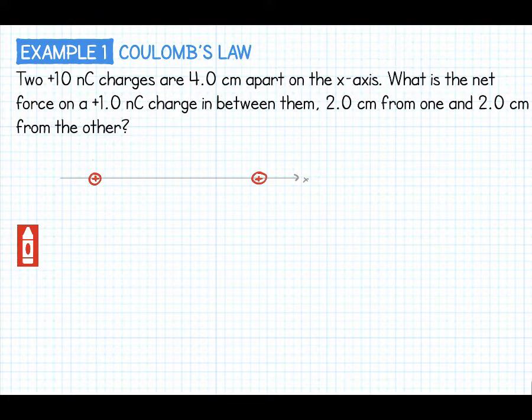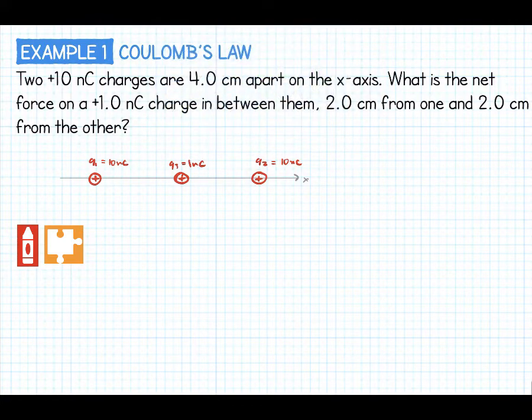Okay, so we'll call this Q1 and Q2. This is equal to 10 nanocoulombs. This is equal to 10 nanocoulombs. And then right smack dab in the middle of these, it's not quite the middle, we have a 1 nanocoulomb charge. We'll call that Q3. That's 1 nanocoulomb.